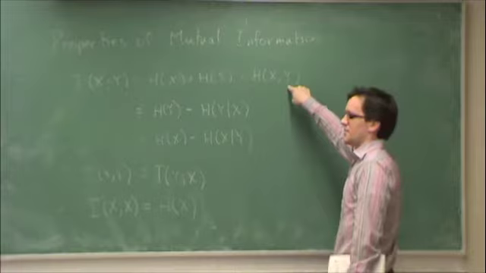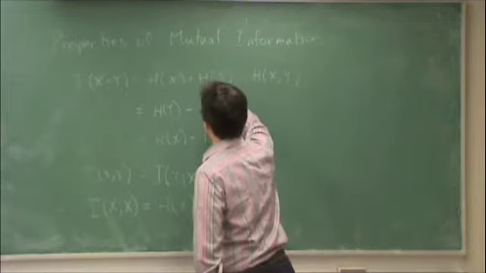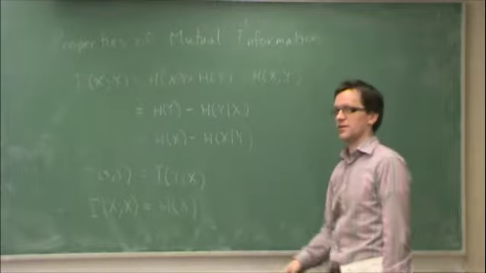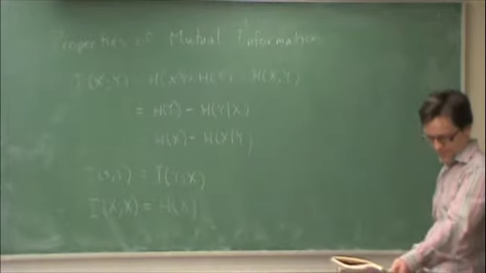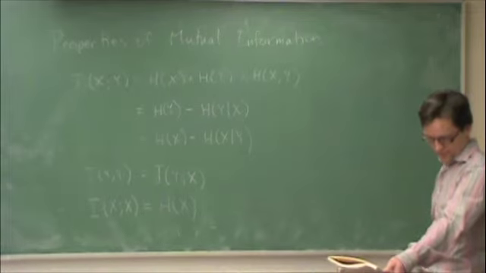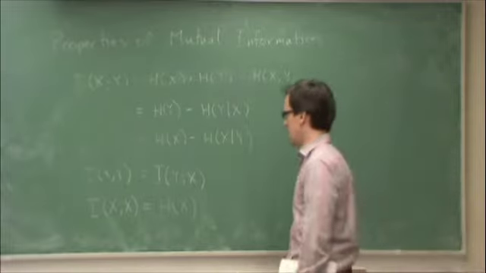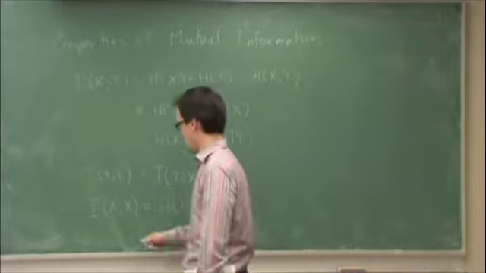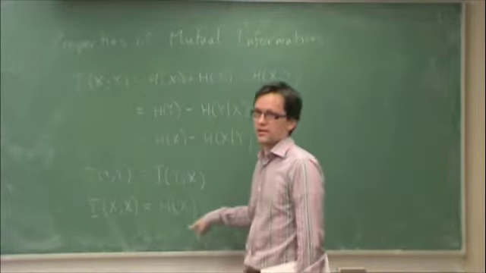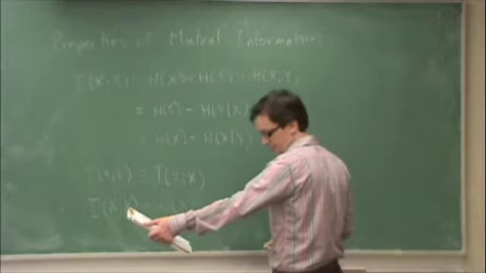The joint entropy between x and itself is just H of x. So that's H of x plus H of x minus H of x, which is H of x. Similarly, I of y and y is H of y. So that's just a labeling issue.